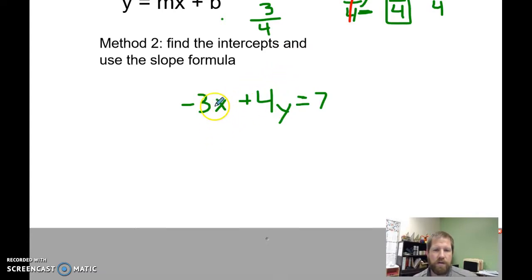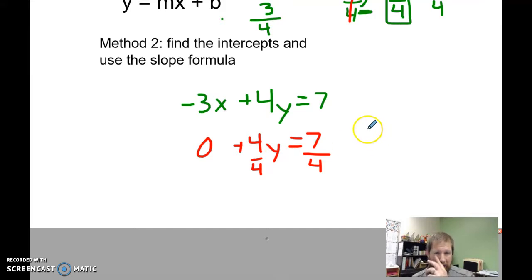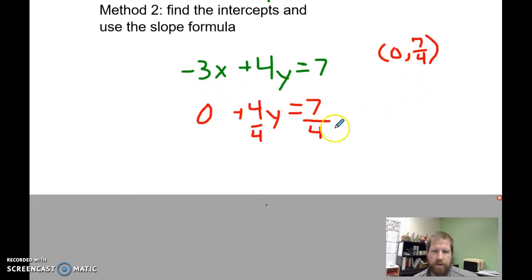If x is 0, this whole value becomes 0. So I'd have 0 plus 4y equals 7. But I don't want to know what 4y is, I want to know what 1y is, so I divide by 4, divide by 4. So my y-intercept, when x is 0, y is 7/4.